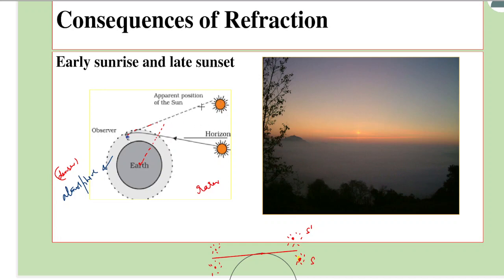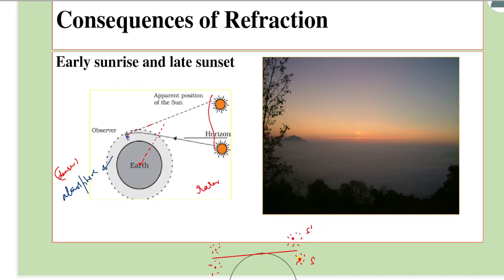This diagram is highly exaggerated because it is drawn to explain the phenomenon. Otherwise, the difference is very small. We can't even see it promptly. But then it is still early sunrise and late sunset only. So the diagram here is drawn just to explain the phenomenon.